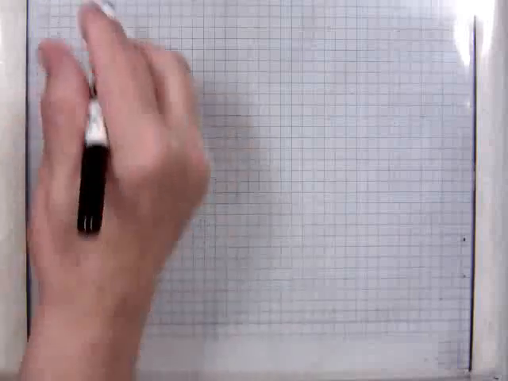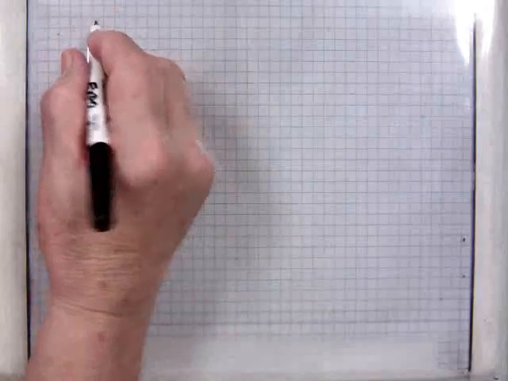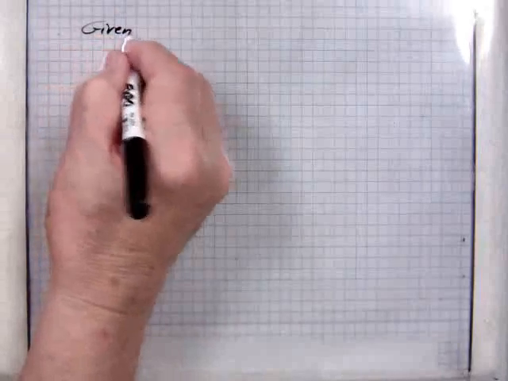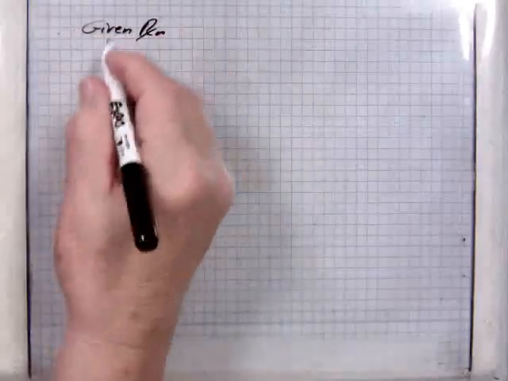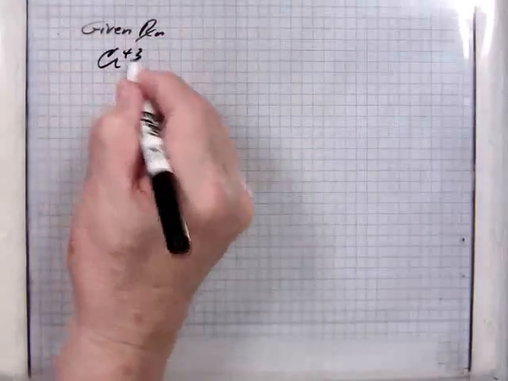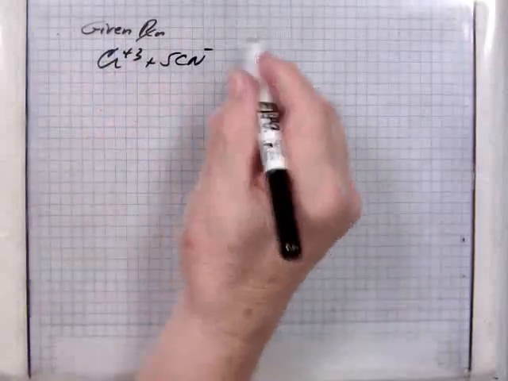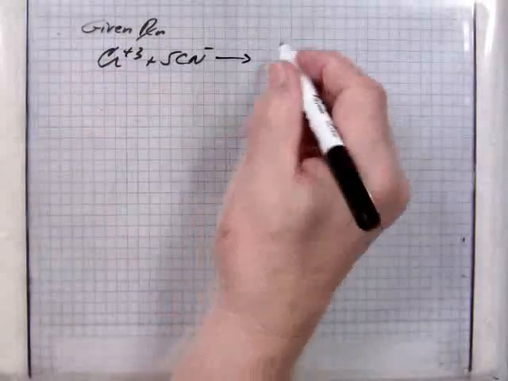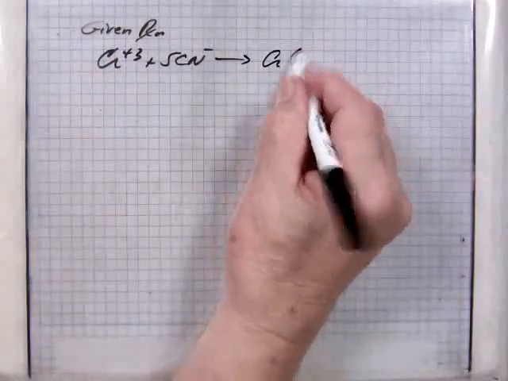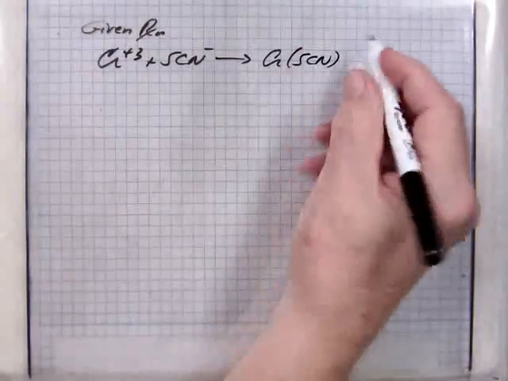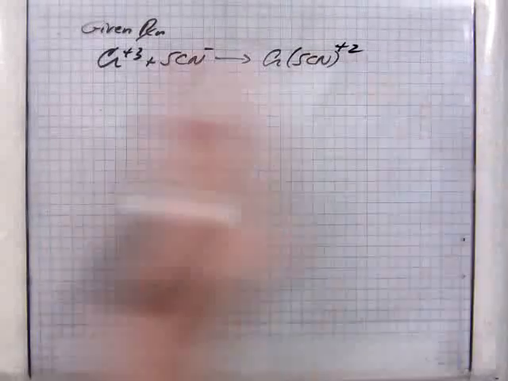Yeah, this one gives you a reaction where they want to know how much is left after the first half-life, second half-life, and so forth. So you're given the reaction: chromium 3 plus thiocyanate goes to chromium thiocyanate plus 2.